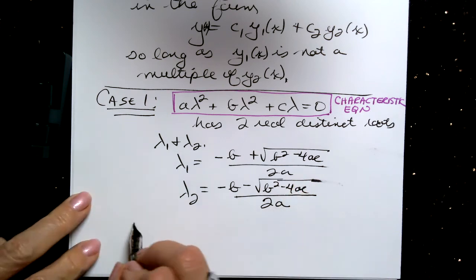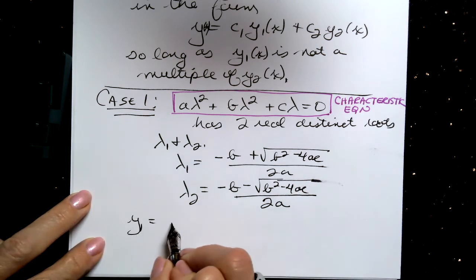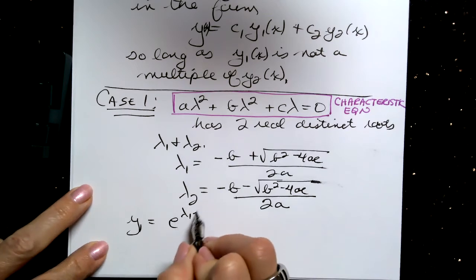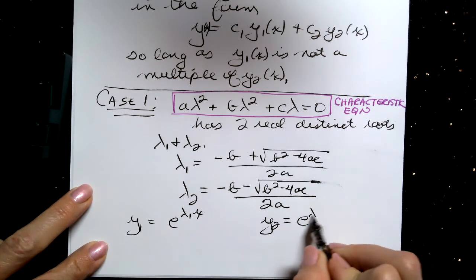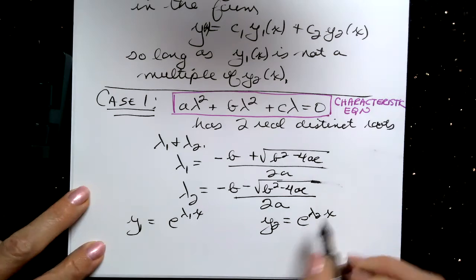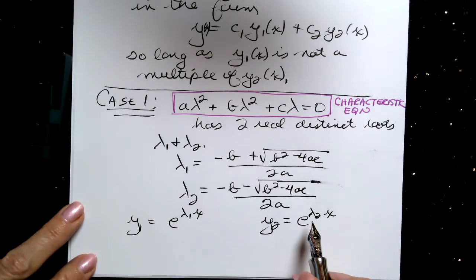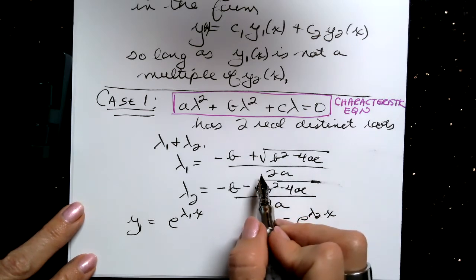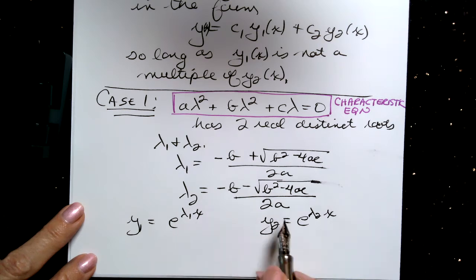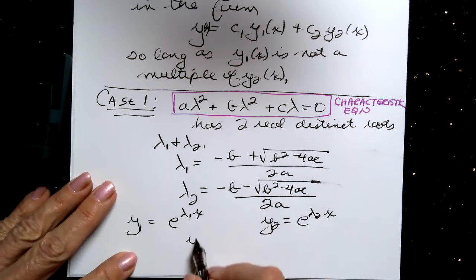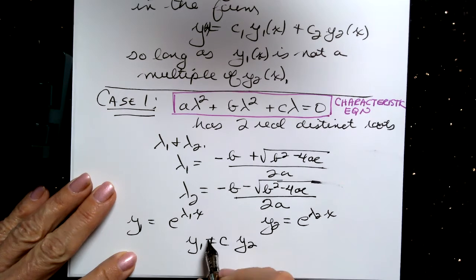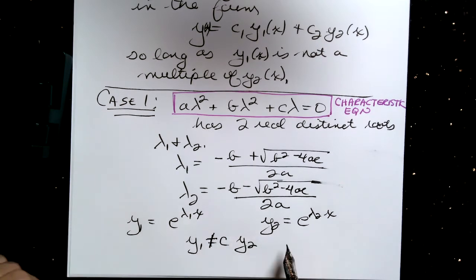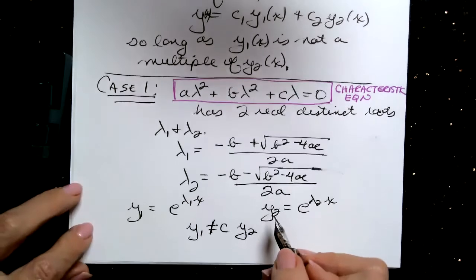then one solution is e to the lambda 1x, another solution is e to the lambda 2x, and as long as lambda 1 and lambda 2 are different, which we are assuming in this case, then neither one of these is a multiple of the other. So y1 is not a constant times y2 when lambda 1 and lambda 2 are different.